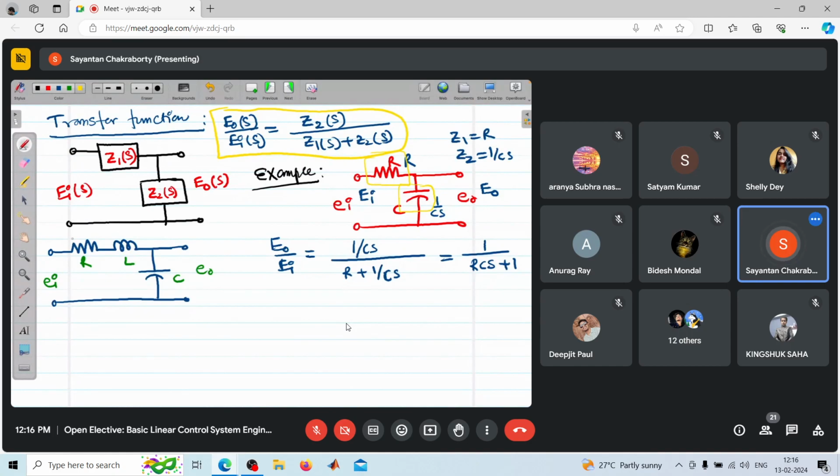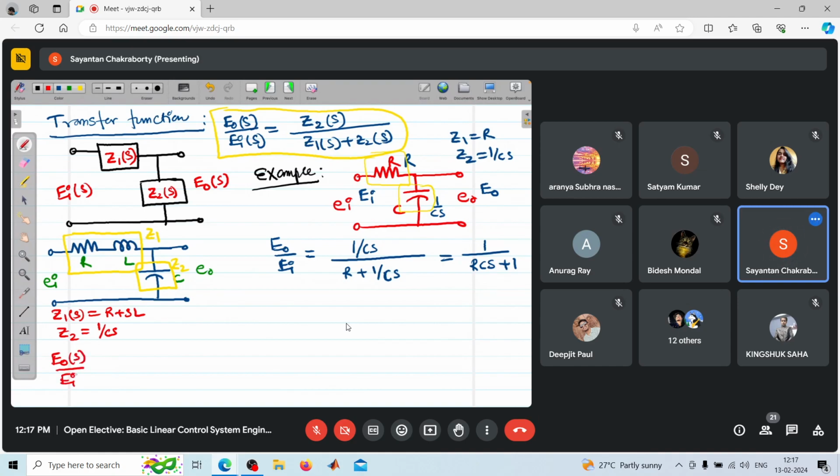What I'll do, I'll take this as Z1, this as Z2. So what is Z1? R plus sL.